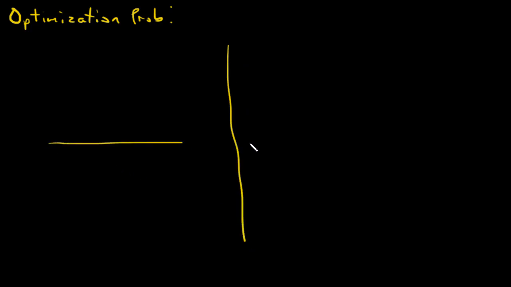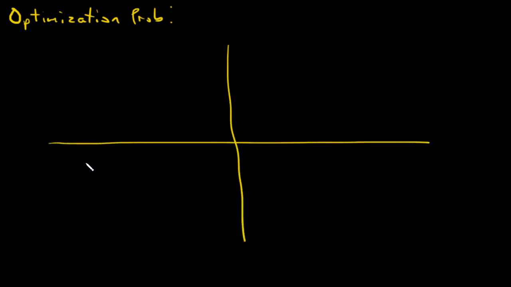Okay. Alrighty, so let's start with the last section, which is going to be optimization problems. So what am I talking about? Well, let me start off with, let's do a graphical example. Let's say I have some function.